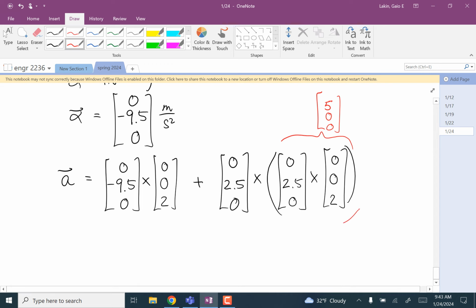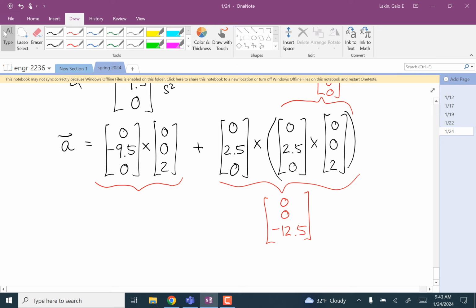And so all this together is 0, 0, negative 12.5. And this together is negative 1900.